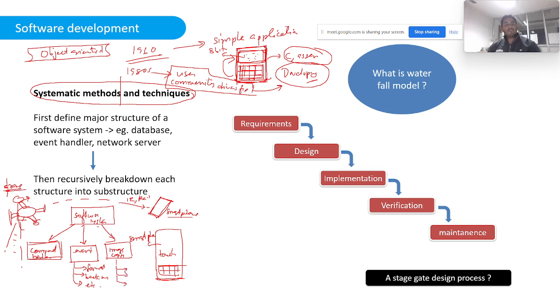So the entire software development process can be broken down into subsystems and then sub-subsystems, and this can be achieved in a systematic way. So in an organization, one can divide the team.